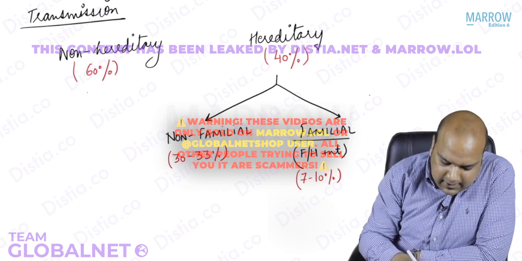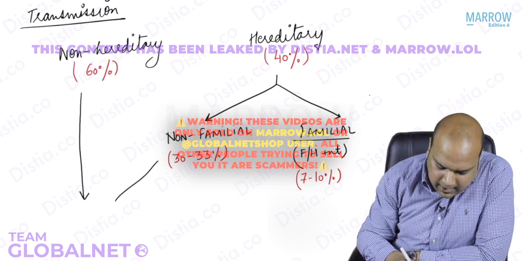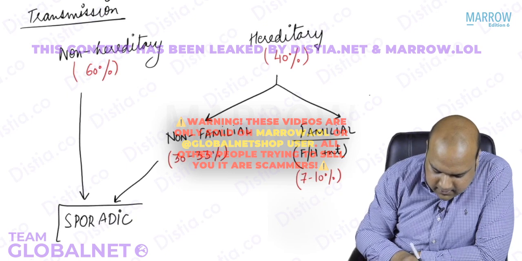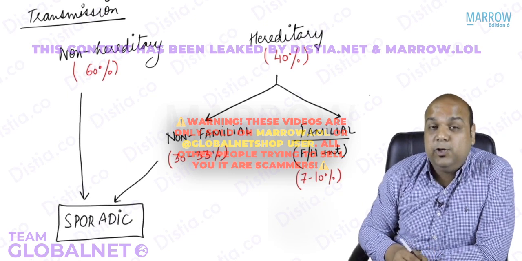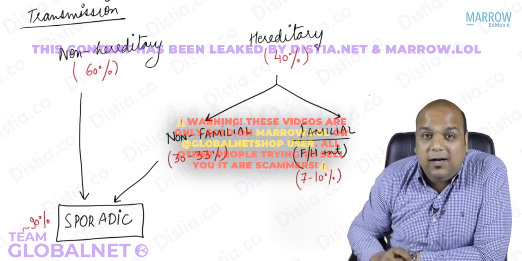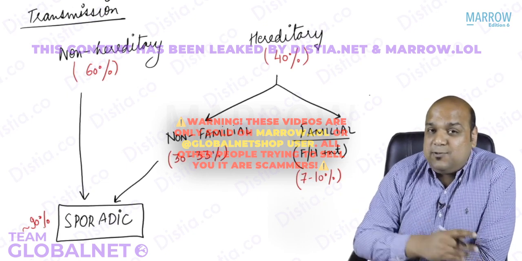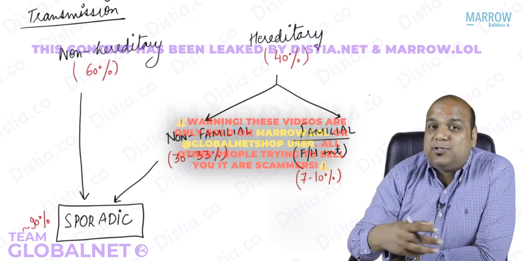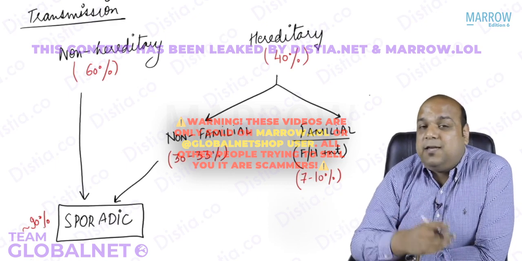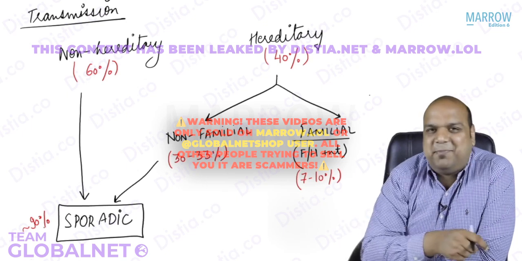If I combine non-hereditary and non-familial, I get the word sporadic, because these cases are occurring due to a new mutation. So almost 90% of my cases are occurring due to a new mutation, everybody. So if somebody asks you what is the most common, actually it is not even non-hereditary. If the option is given as sporadic, you will always mark sporadic here.